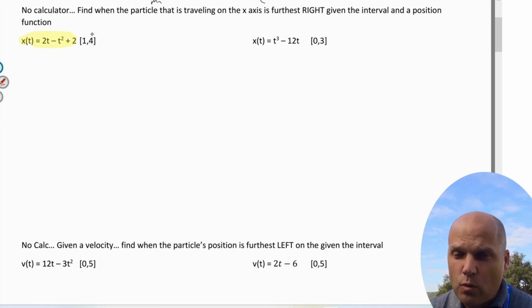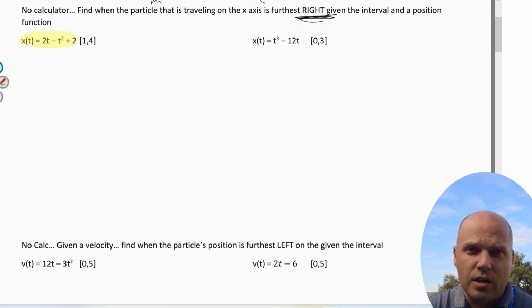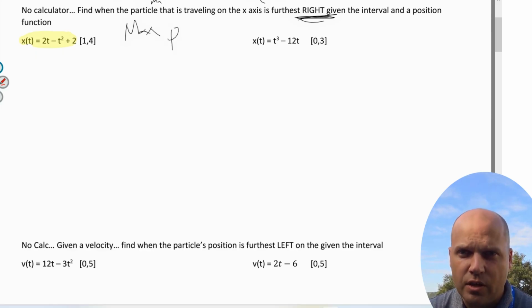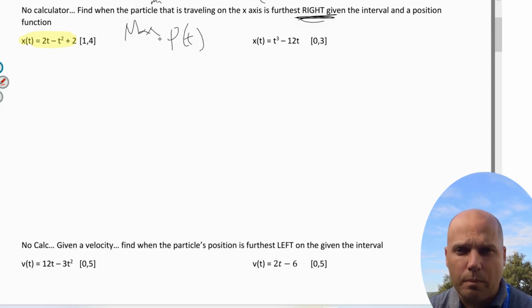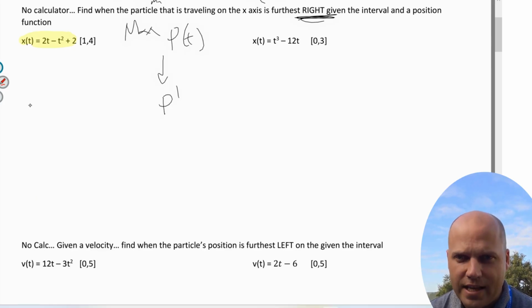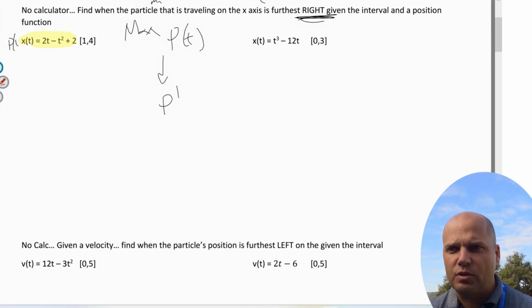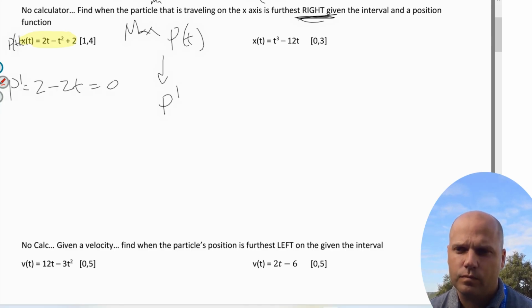If you want to analyze when something is furthest right, you're talking about the max of position. When you're finding the max or min of something, you look at its derivative. If this is my position, I will analyze its derivative. I will figure out when it's 0.